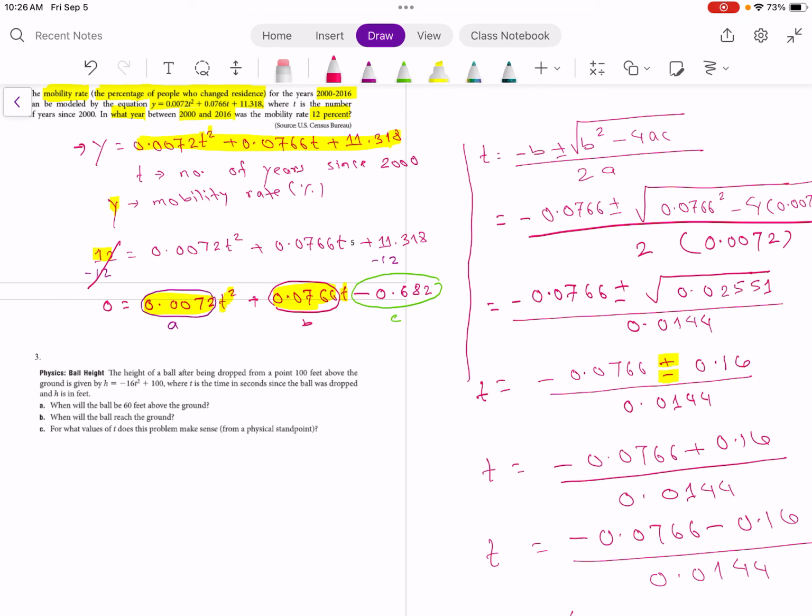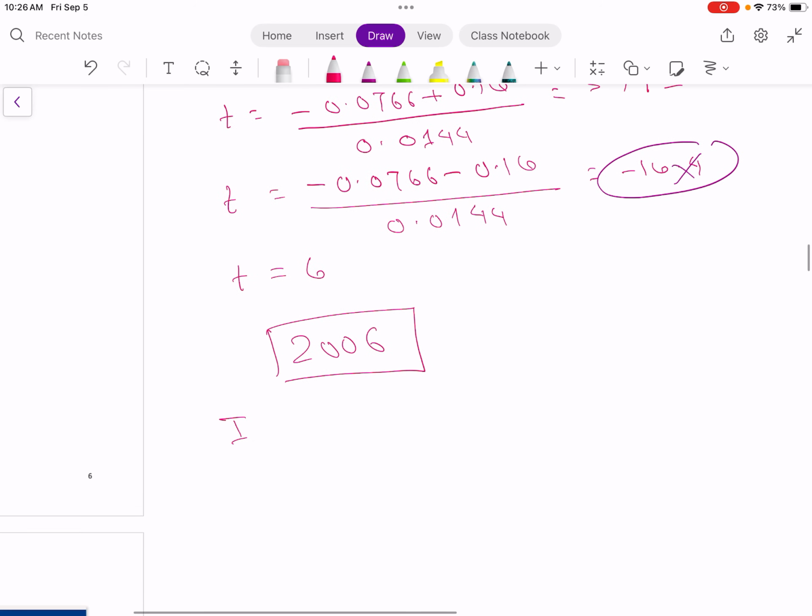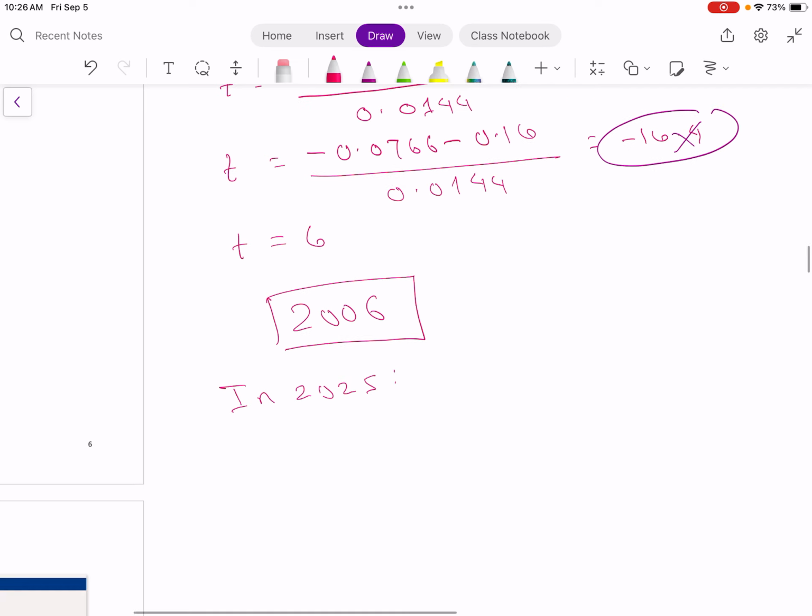Now what will be t? We defined t as a number of years since 2000. This is 2025. So what will be t for 2025? 25, right? Now we substitute t equals 25 in the equation. This is not asked in this question, but still, our t is 25.